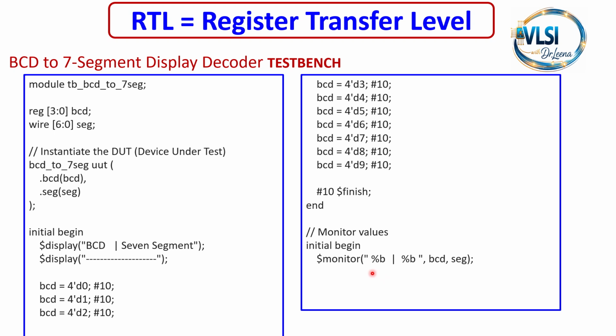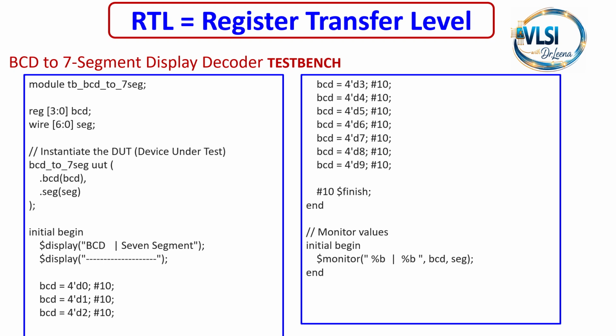So it prints the BCD value and the 7 segment outputs, for example for 0000 it prints the 7 segment output. After performing this, we end it. And this is the BCD to 7 segment display decoder test bench.